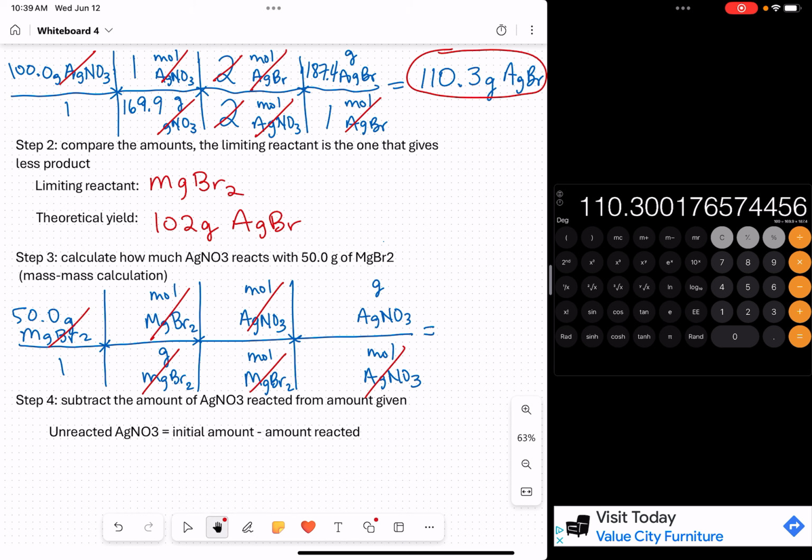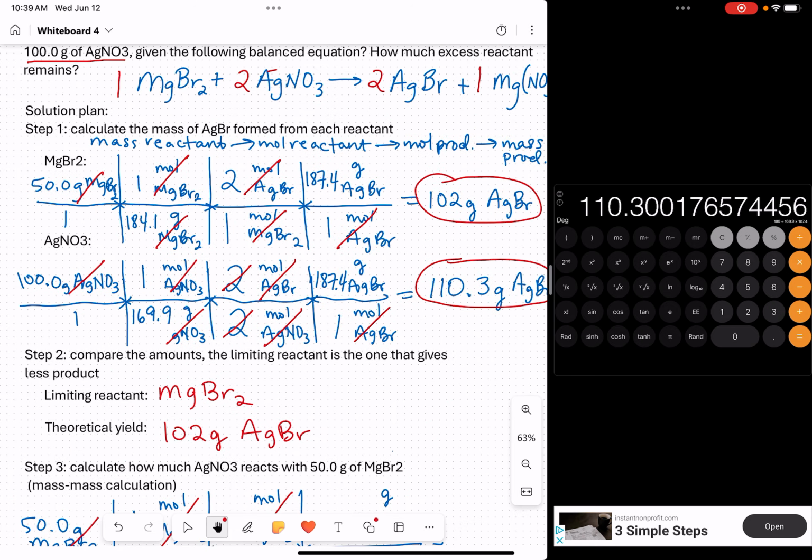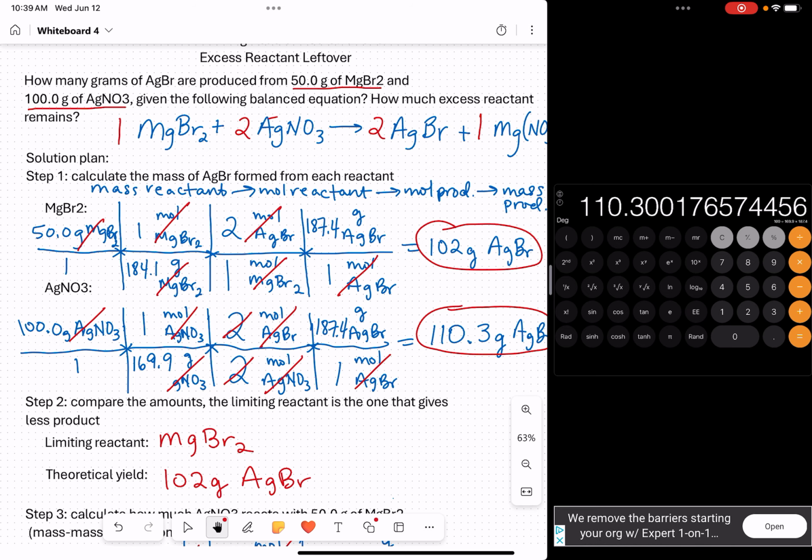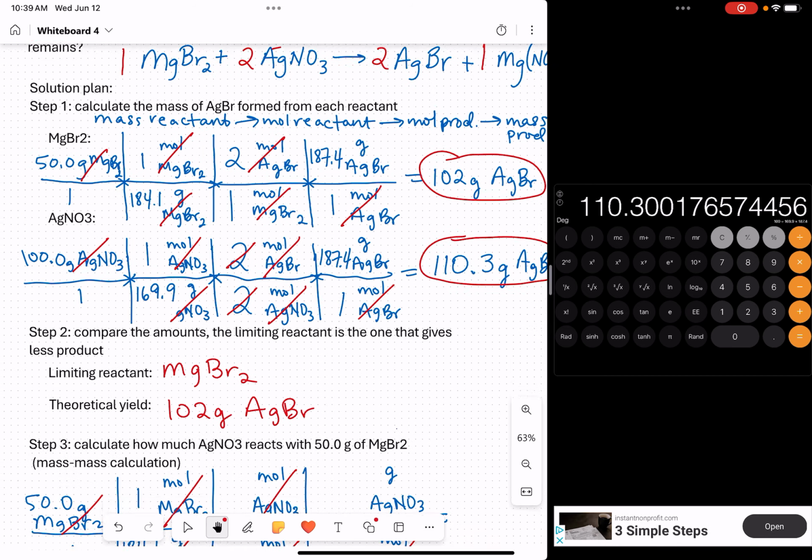I need to fill in my numbers. The molar mass of magnesium bromide we used before, for every mole, it's 184.1 grams. Looking back at the equation, if I scroll up here, the ratio between magnesium bromide and silver nitrate is 1 to 2.